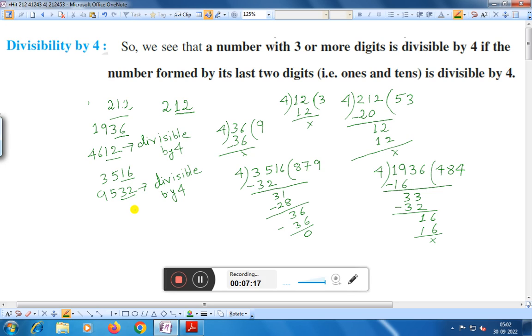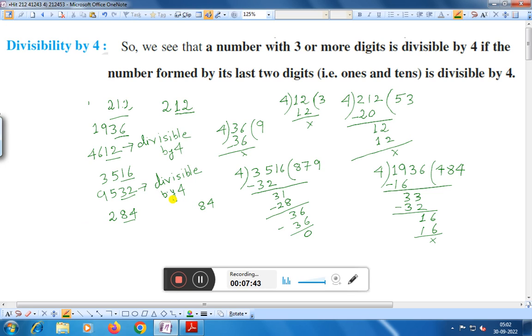Now, we'll take another example. Suppose 284. Now, the last two digits are 84. Let us divide 84 by 4.